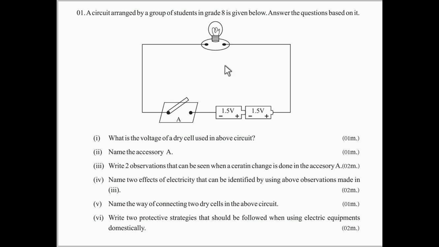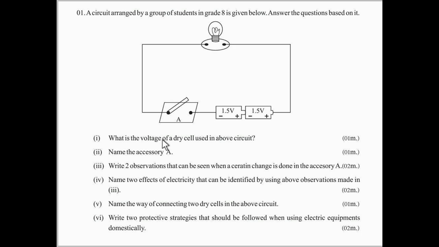There's a bulb. This instrument is called a switch. And here you can see dry cells, batteries. Batteries are called dry cells.